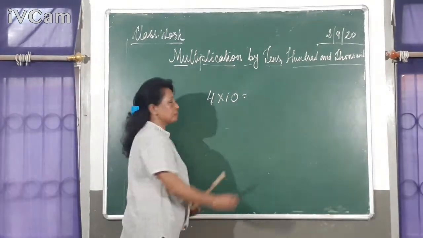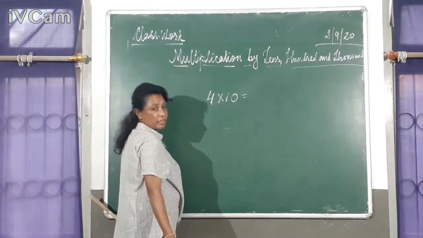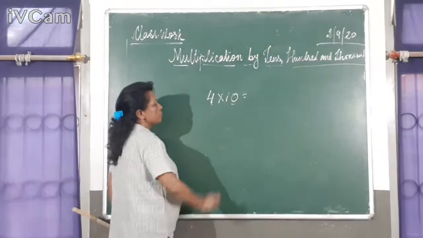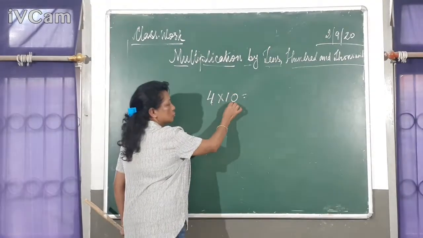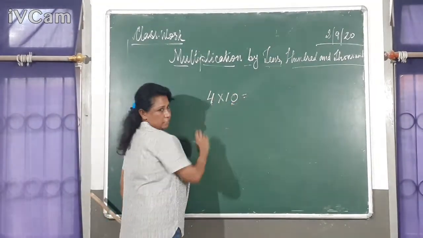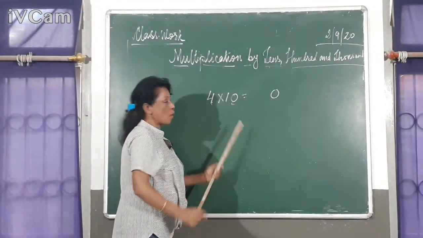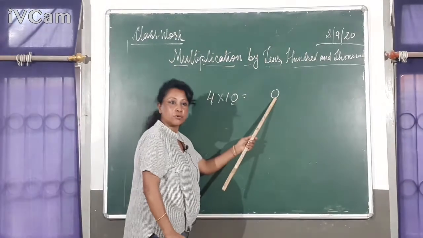Now how do you do it? Look here, when you're multiplying with a 0, remember to write the 0 first. How many zeros are here? 1 zero. So you have 1 zero.